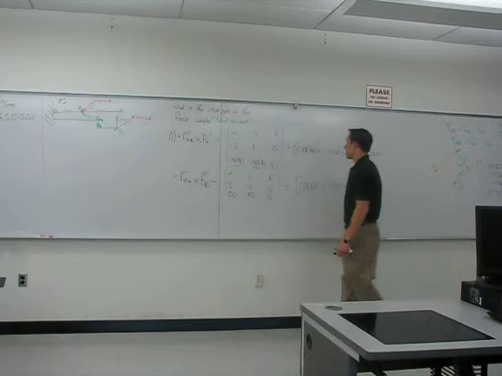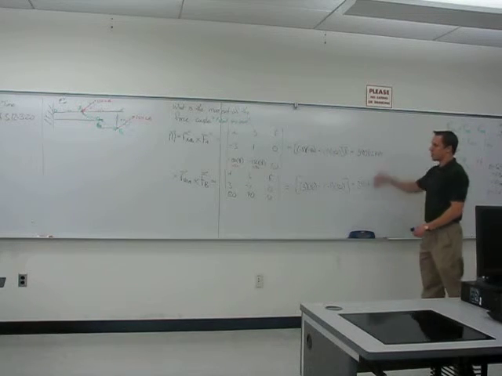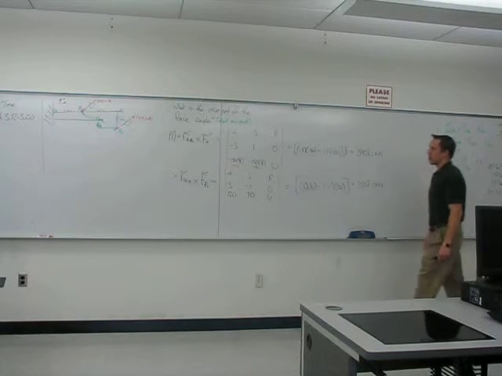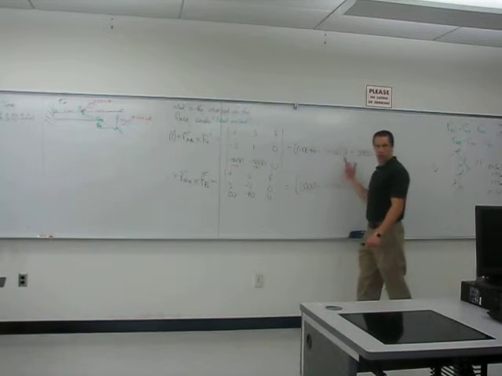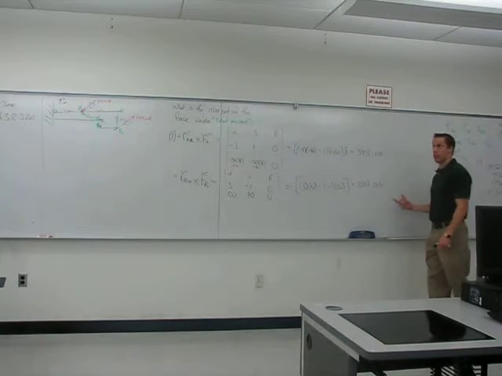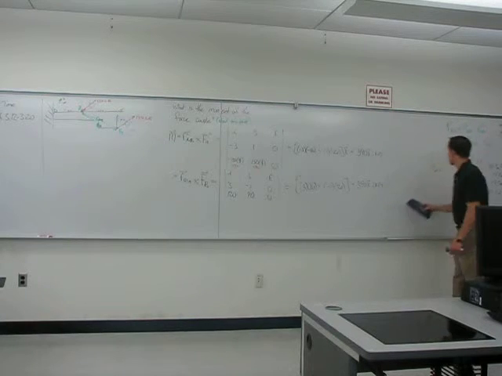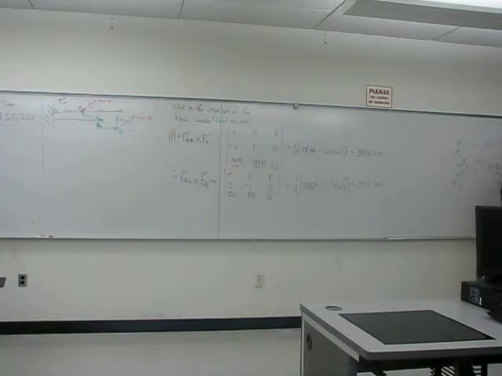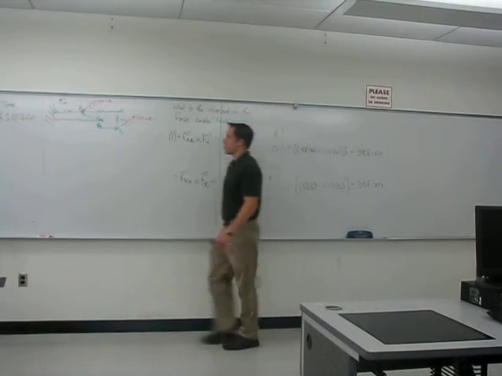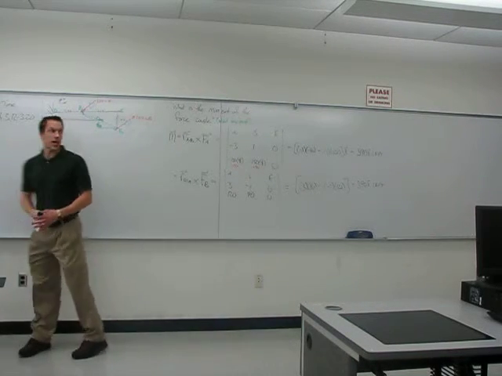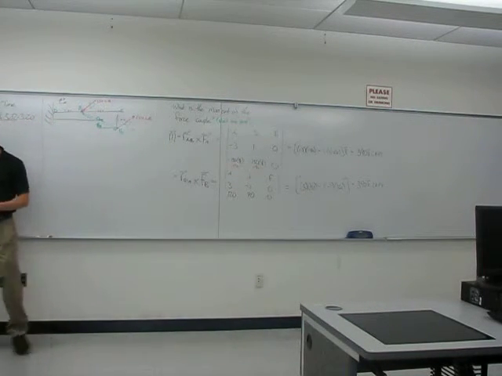Now, I told you that we would get the same result about any point. This is the result. Let me show you that it is the result that we get about any point. So let's choose a couple of different points. Maybe we'll choose 3 or 4 different points on the rigid body and show that we still get the exact same moment vector when we take the moment of this force about that point plus the moment of this force about that point.